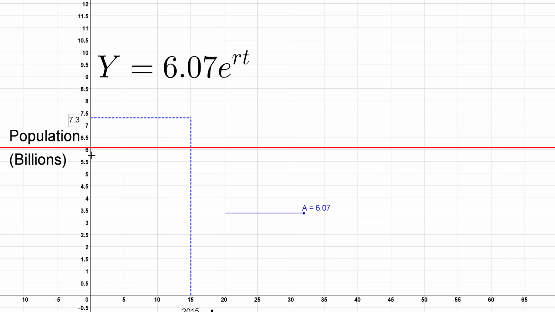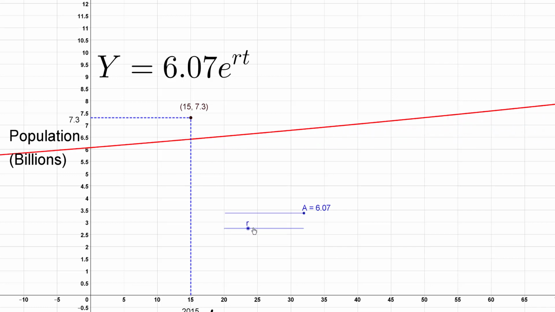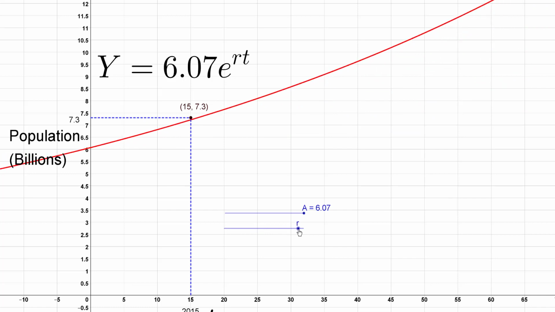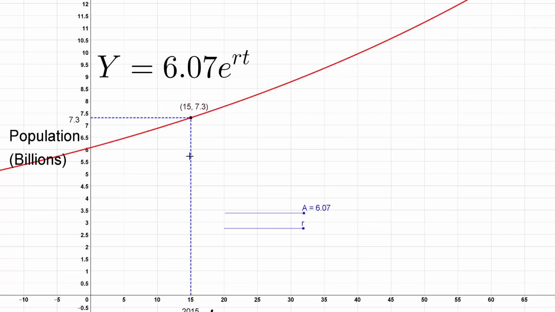In the year 2015, the population is 7.3 billion. So that creates another point, the point (15, 7.3). When t is 15, the population is 7.3. So we now have to figure out what growth rate will give us a function that cuts through that point as well. So we have to adjust the growth rate.